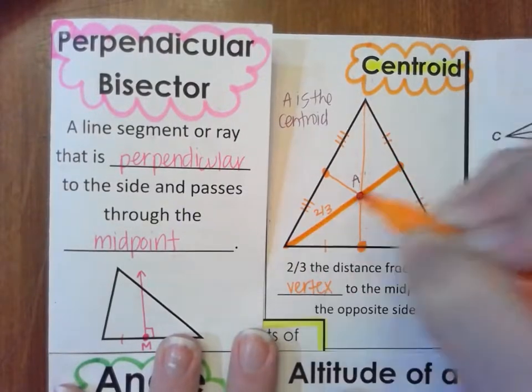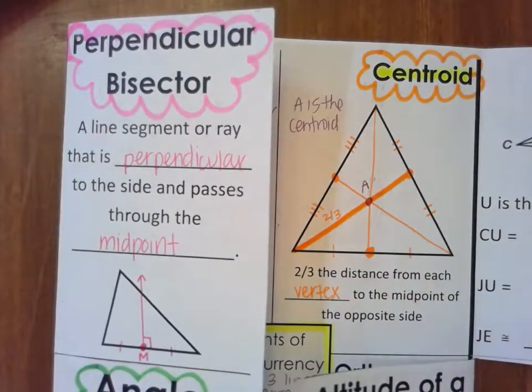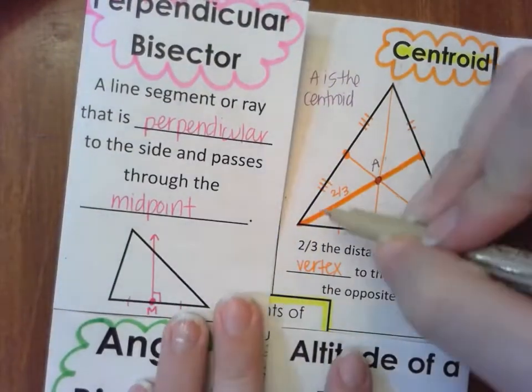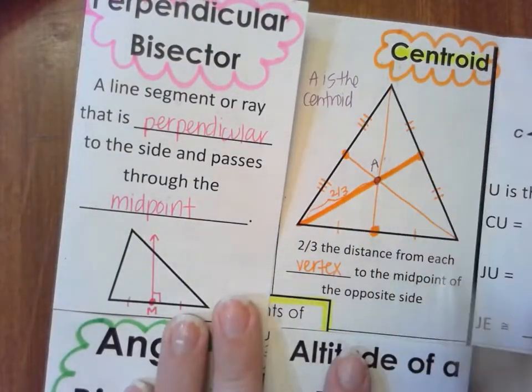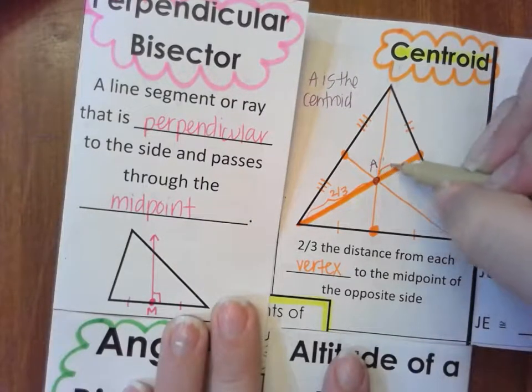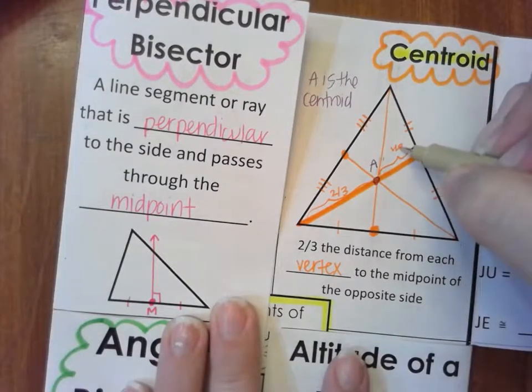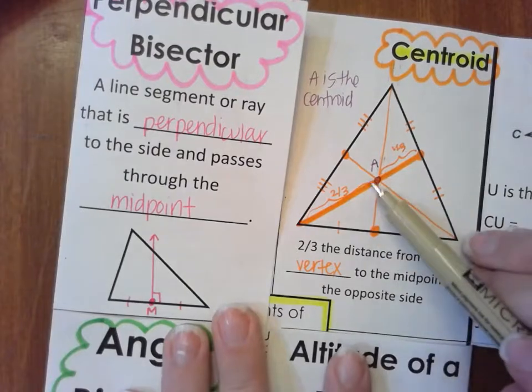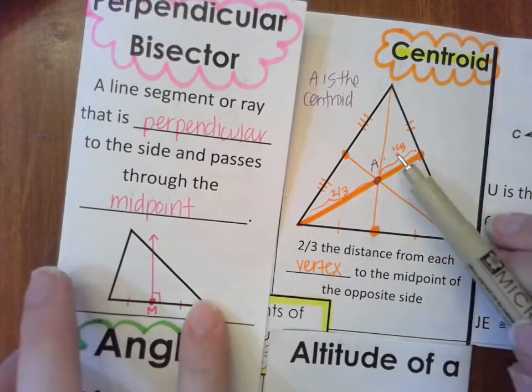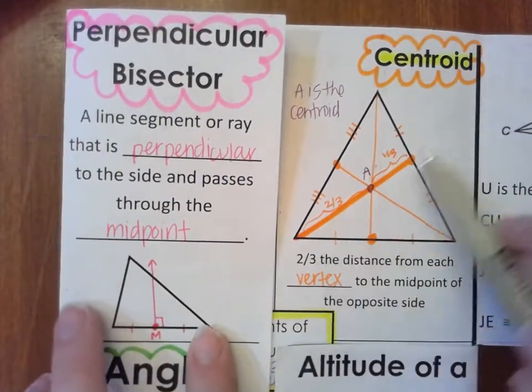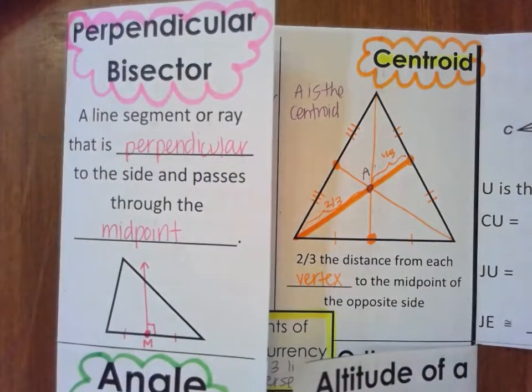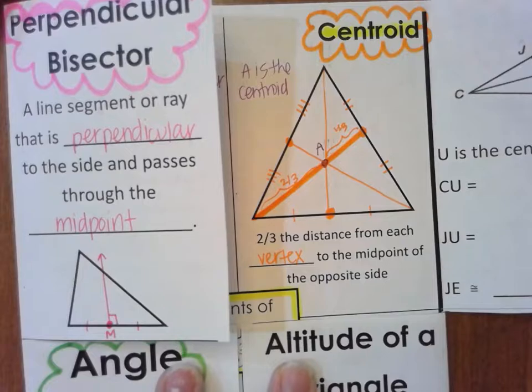So it's 2/3 the distance of the total median. So if this part is 2/3, then that leaves this to be 1/3. So from the centroid to the opposite side is 1/3 the total distance of the median. So it seems a little confusing, but we can use that to solve some problems.